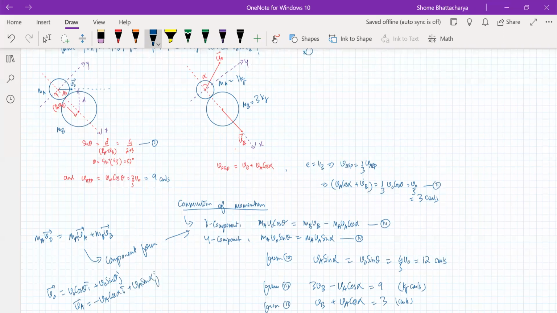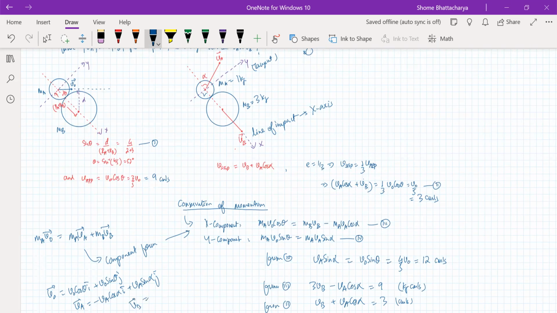Because this is our x-axis, the line of impact, that only we have taken as our x-axis. And this is the tangent line, perpendicular to the line of impact. That is our y-axis. So that's why we are getting this. The reason for taking this is for convenience.